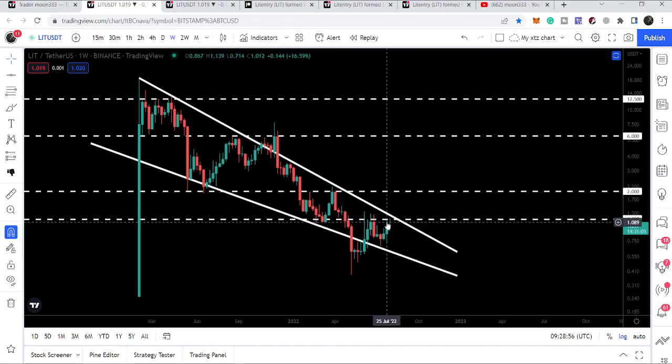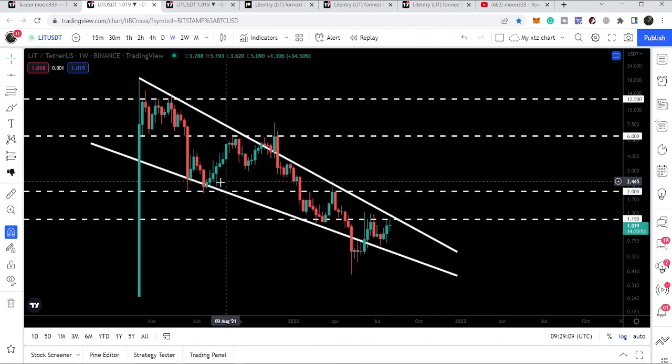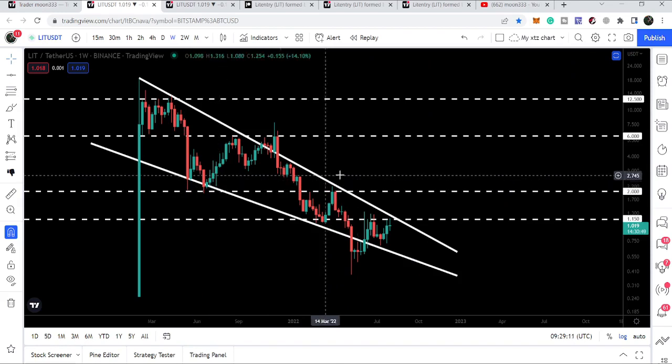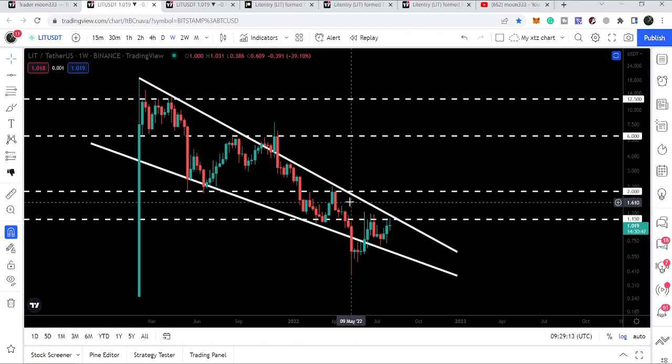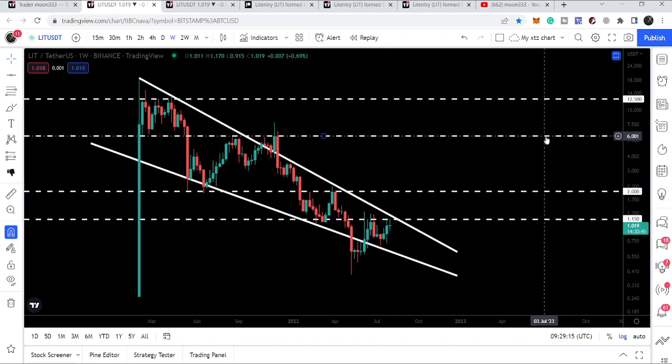And after breaking out this resistance, almost at the same level, we also have the resistance of this falling wedge, and after that our next resistance level will be here at $2. Previously this level has been working as a resistance here and as a support here as well. After that we will have the next major resistance here at $6.